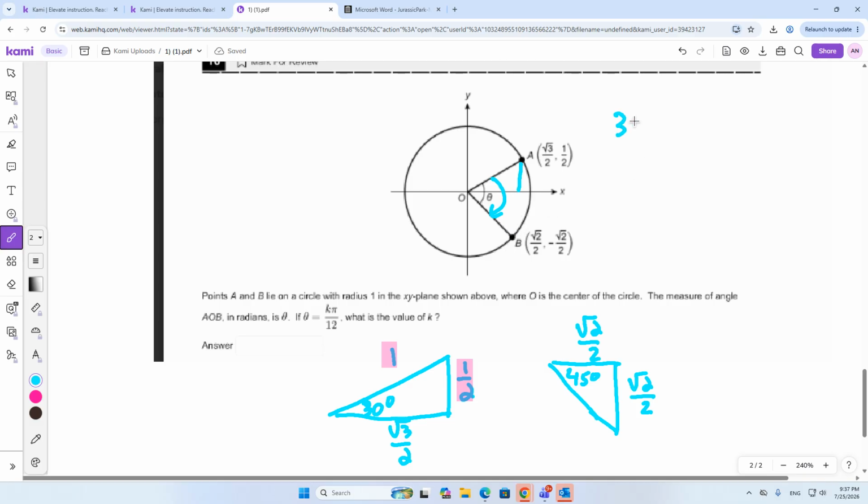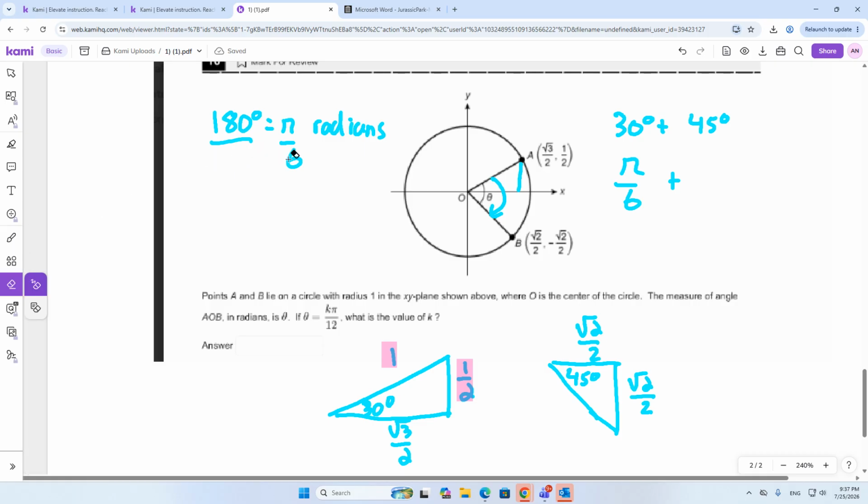So we have 30 degrees, right? Plus 45 degrees. Now, you don't have to memorize it. 180 degrees represents pi radians, okay? So look, what happens if I divide by 6 and divide by 6? I get pi over 6 radians, okay? And then plus, what happens if I divide by 4 and 4? So those who tell you don't need a little bit of mental math and you don't have to know your times table, I really disagree with that.